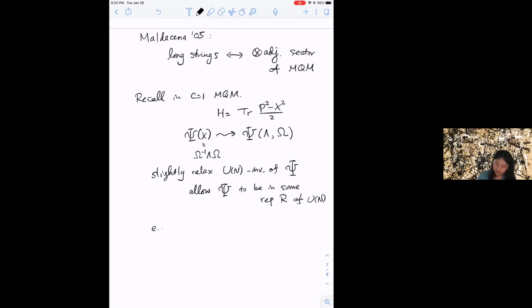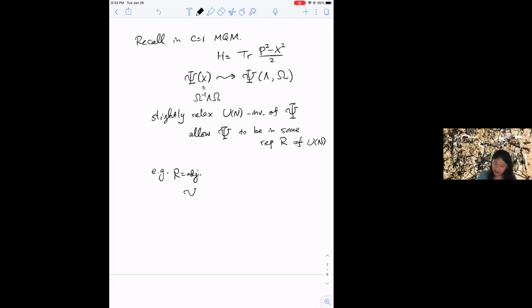For example, for the adjoint representation, we can consider psi with some index AB, which is of the following form: omega IA, omega JB, lowercase psi ij, a function of lambda.